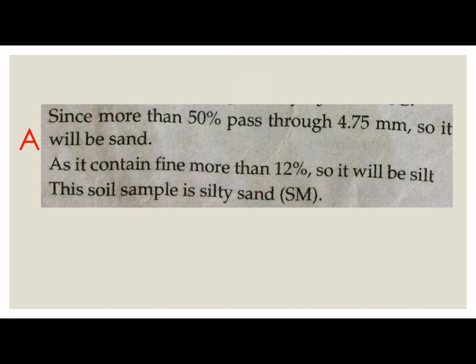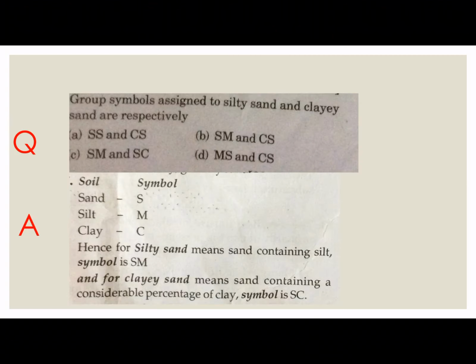So we should know what is the notation for silty sand. For the silt we have the notation M, and for the sand we have the notation S. So we represent silty sand as SM. Next question, group symbols assigned to silty sand and clayey sand are respectively what?